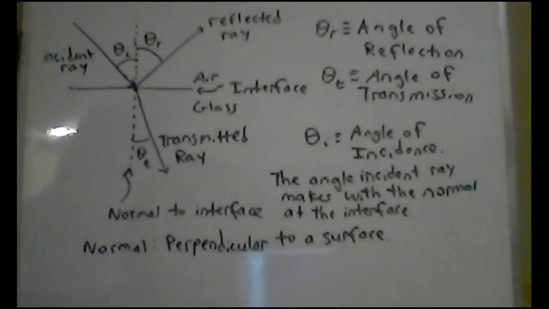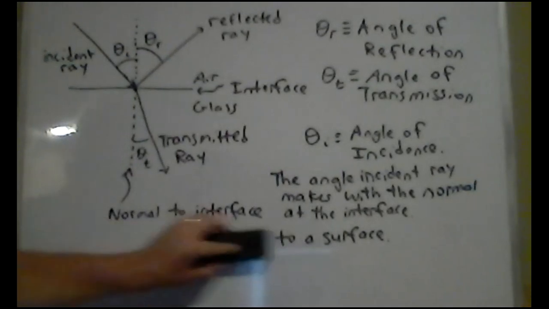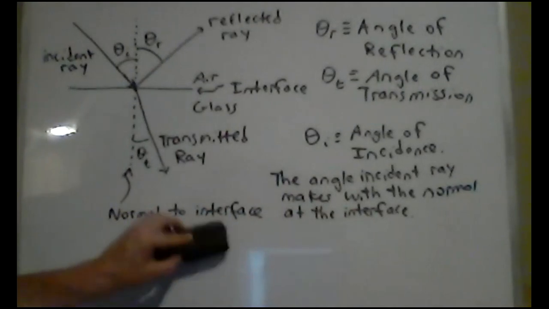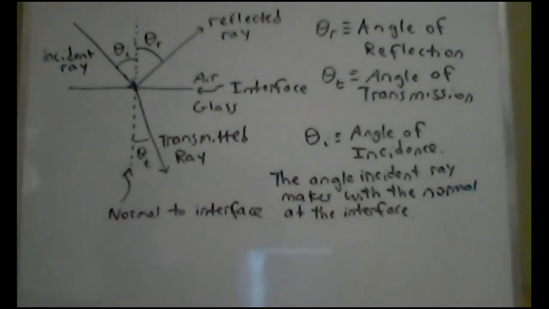Now, we can understand that, and again, this can be shown experimentally, that light travels at c, the speed of light, in a vacuum.